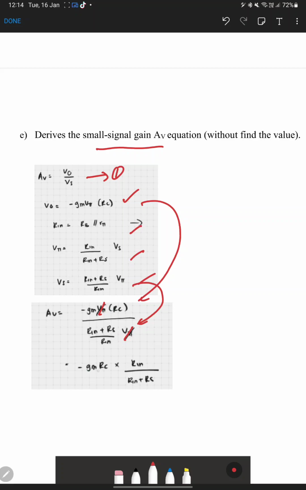We get minus gm RC times, because the division becomes a product, and the derivation becomes the derivation here. Or you can directly calculate by leaving this kind of structure, or you can make it simpler like this. Right, this question only asks you to do the derivation, not calculate, so you can leave your answer like this.